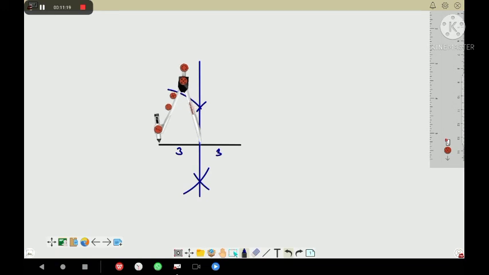Now we take this arc on the other bisector.